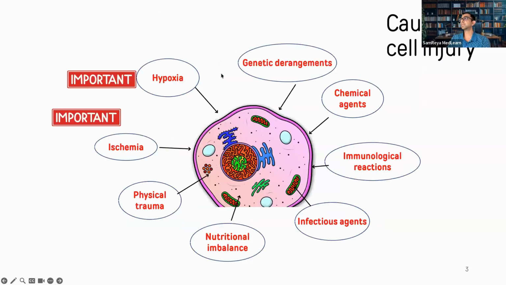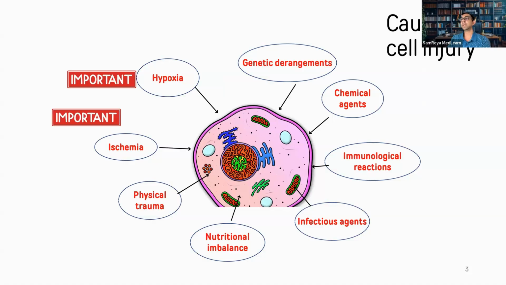So what are these different causes of cell injury? There are many causes that I have listed here, and all of these come from your Robbins textbook. The important ones that I've highlighted here are hypoxia and ischemia. Why does the textbook say these are important? Because these are the most common ones also.